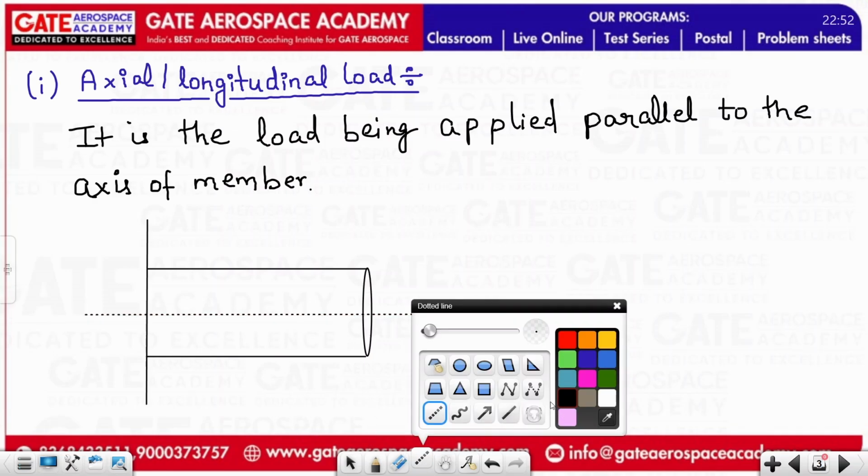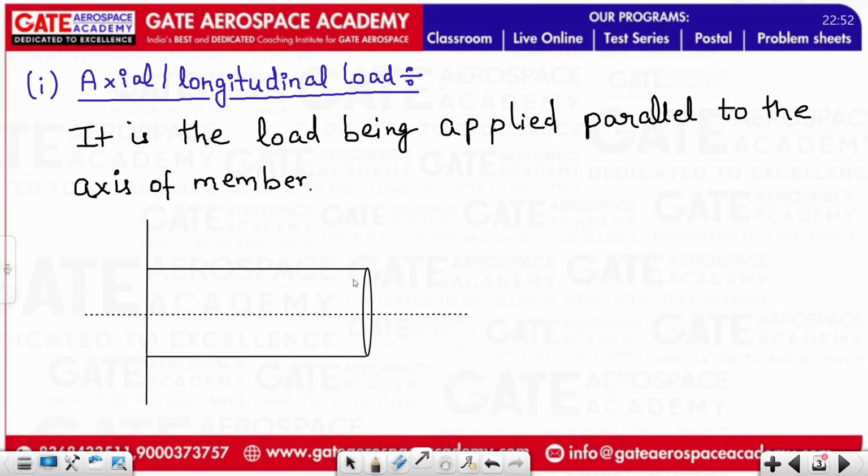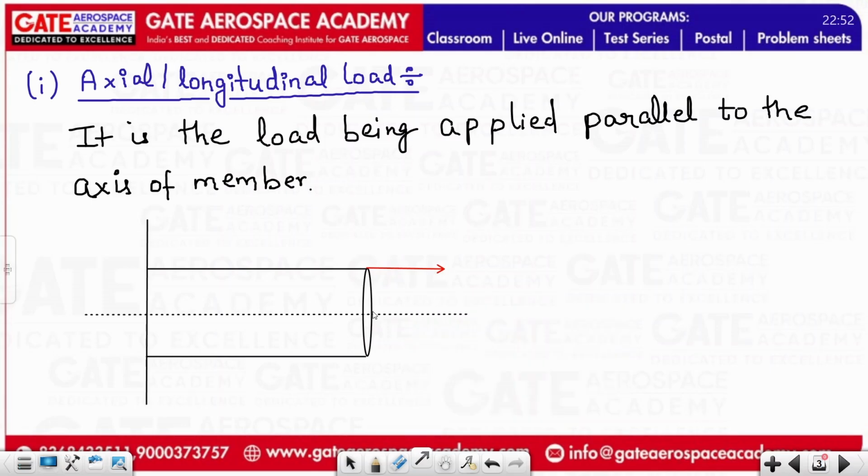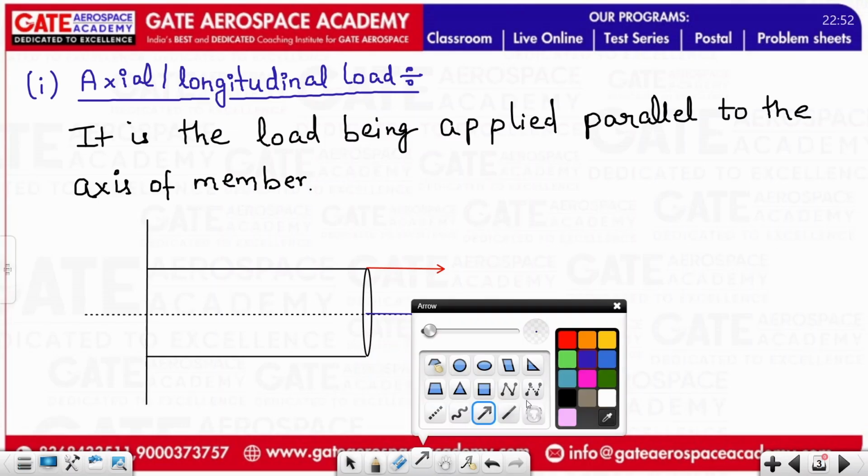If the load is applied parallel to this, suppose here the load is applied like this, or the load is applied like this, or the load is applied like this.